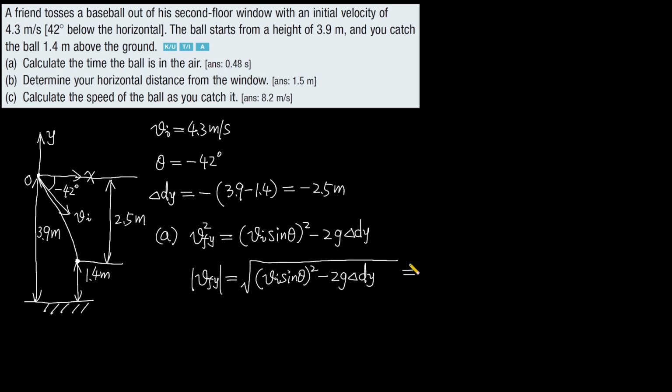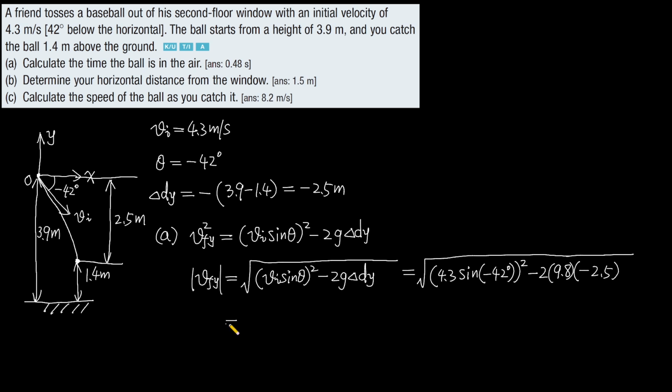We put the values in. This equals the square root of 4.3 multiplied by sin negative 42 degrees, squared, minus 2 multiplied by the acceleration 9.8, multiplied by the vertical displacement negative 2.5 meters.